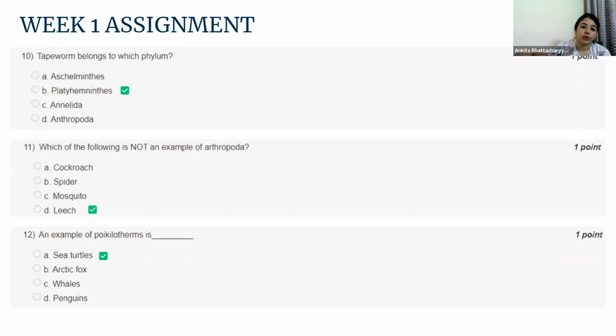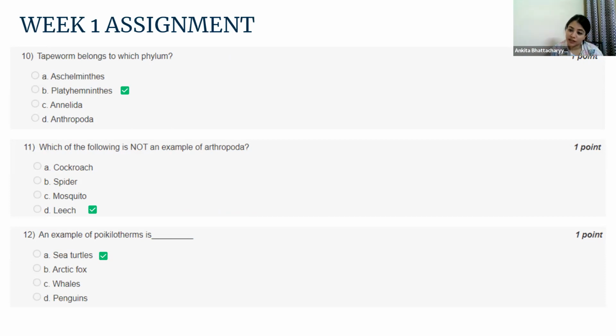Then we come to question number 10, which is about tapeworms. If you remember, we had talked about how there were different groups. I gave you an idea about platyhelminthes and aschelminthes, etc. A plate-like structure is usually associated with flatworms or platyhelminthes. Tapeworms are one of the classical examples for this particular phylum.